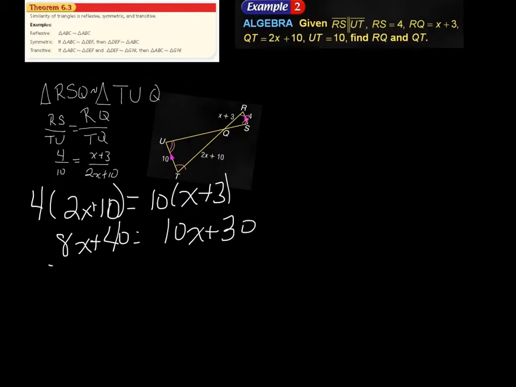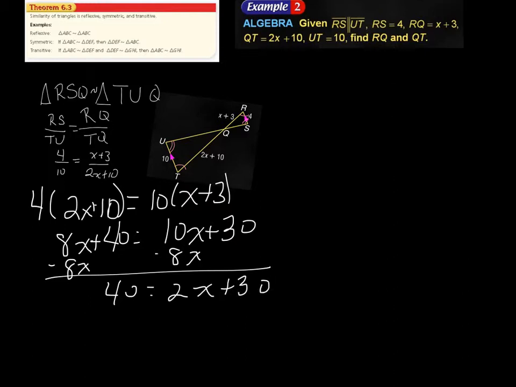I want to get my variable on one side. So I have 40 equals 2x plus 30. Subtract 30 from both sides, so 10 equals 2x. Divide by 2, x is 5. And they ask us to find not x, but the length of RQ.